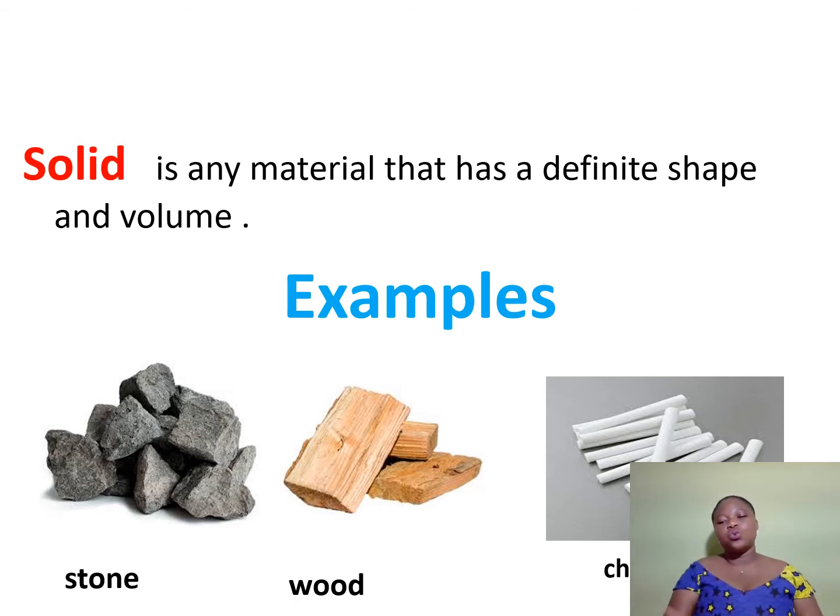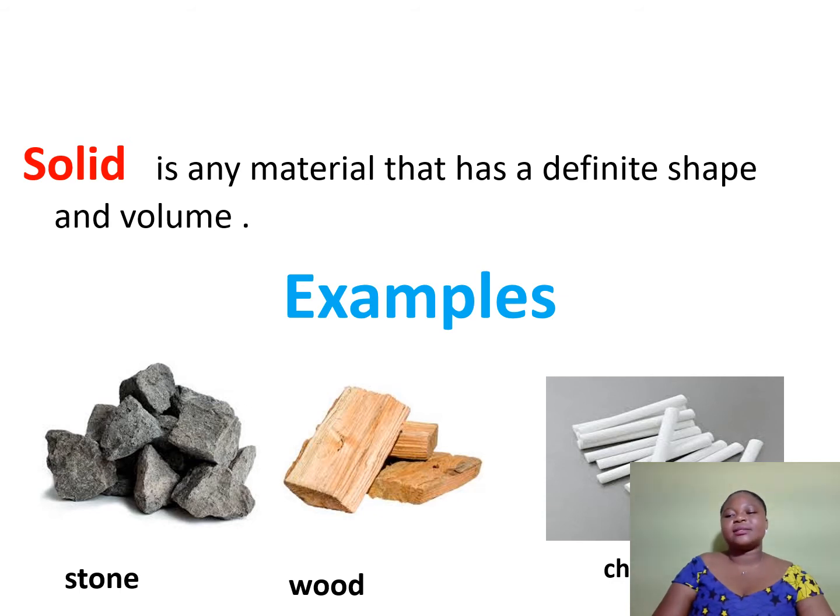We have wood. Good. The third one is chalk, the one we used to write on the chalkboard or the blackboard. When we used to write, do we get wet? No. So these are some examples of solid. We have stone, wood, and chalk.